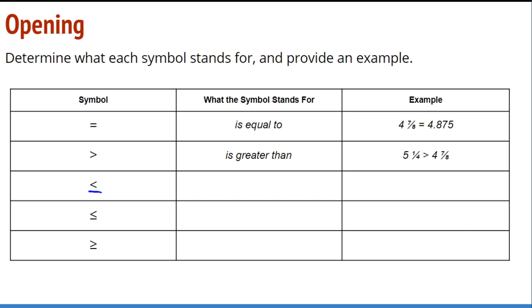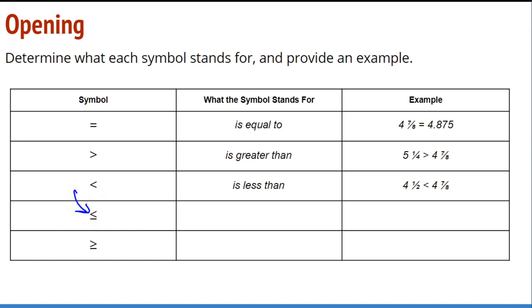This is the less than symbol. Notice that it starts closed and then it is open on the right-hand side. So our lesser term comes first, followed by our greater term. 4 1/2 is less than 4 7/8. This next one may be new to many 6th graders. We have a hybrid, meaning there are two parts in this symbol.